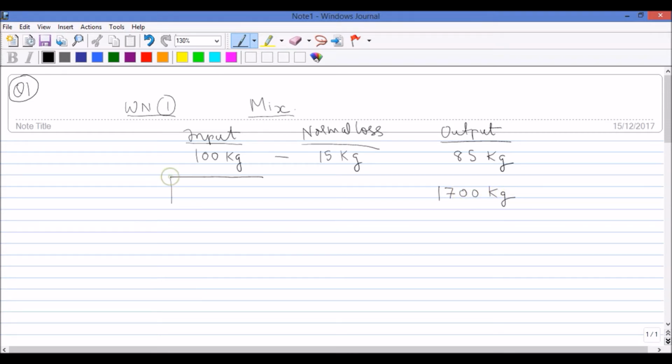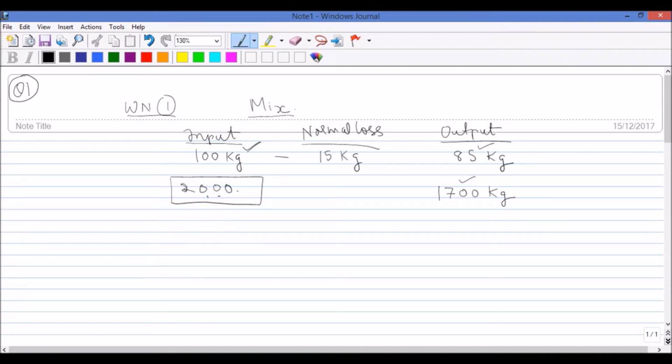We need to find the standard input, which we will take as X. So we cross multiply: 100 multiplied by 1700, divided by 85. This is going to give us X. 100 into 1700 divided by 85 is 2000. So X is 2000.